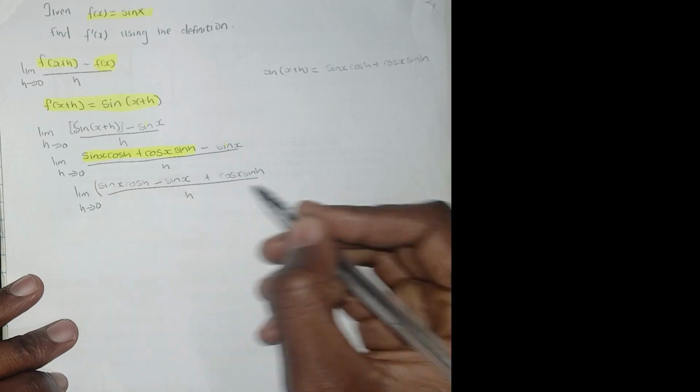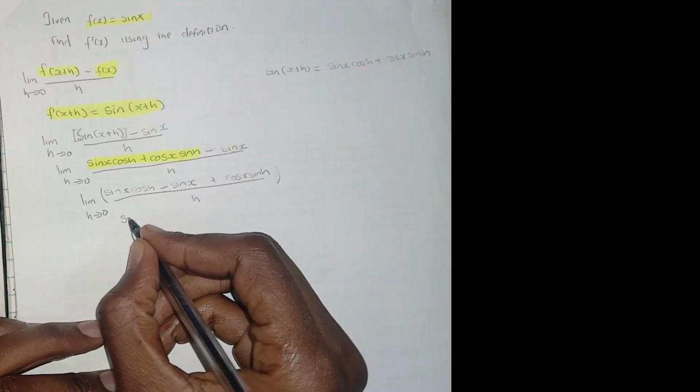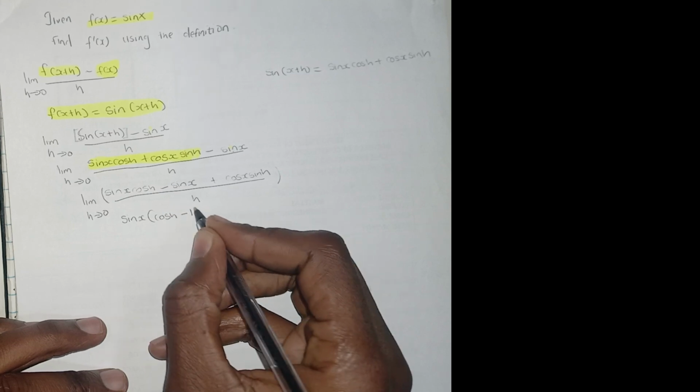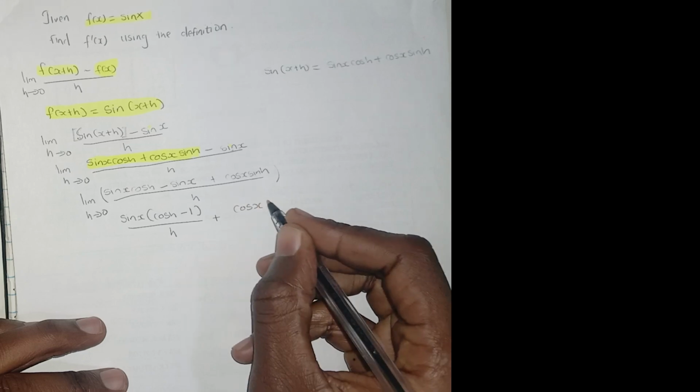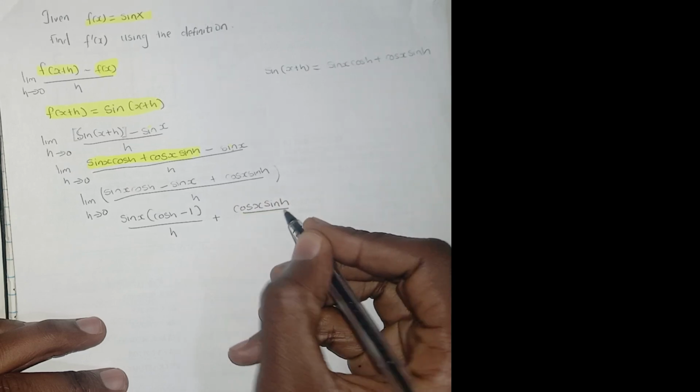So here we can still break this or split the fractions, but before that we have to factor out sin x, cos h minus 1, then divided by h. We have split it, then plus cos x sin h divided by h.